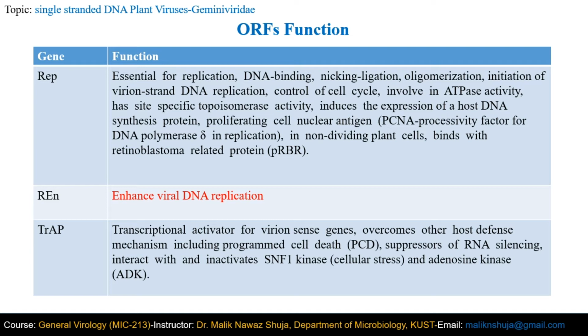And once replication is complete, the REP protein is also involved in the process of ligation, and the 5 prime and 3 prime ends are closed, because Geminiviridae contain a covalently closed circular single-stranded DNA genome.